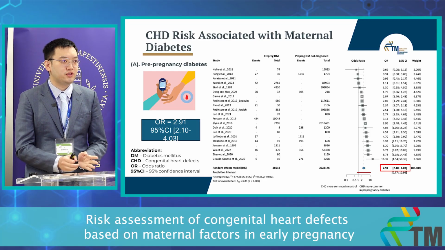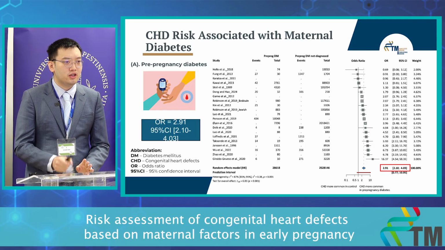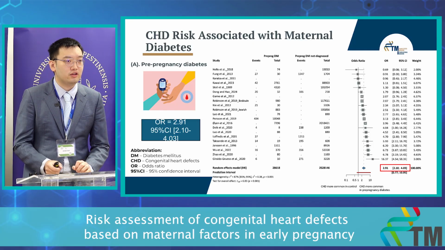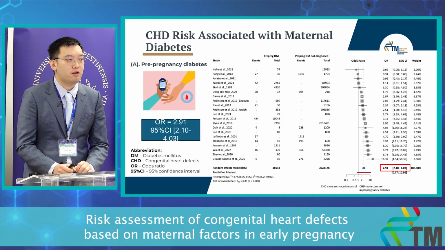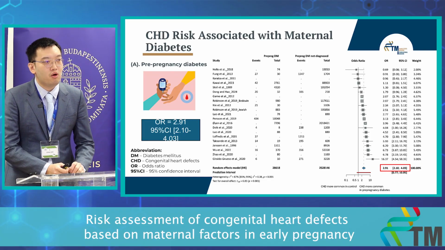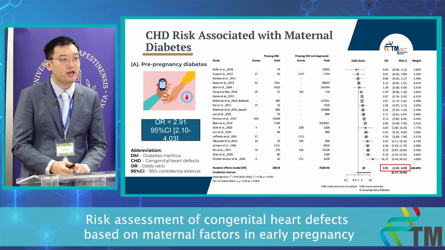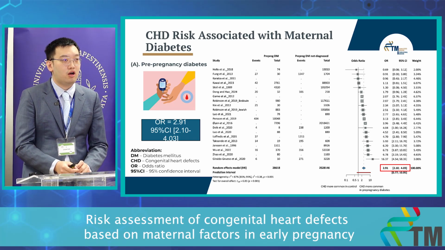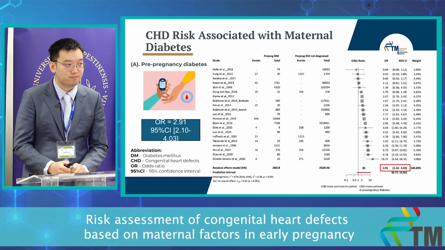It's worth noting that some of the studies also used self-reporting data from the mothers and from medical reports. We included 21 studies here, and all of them are case control studies or cohort studies.